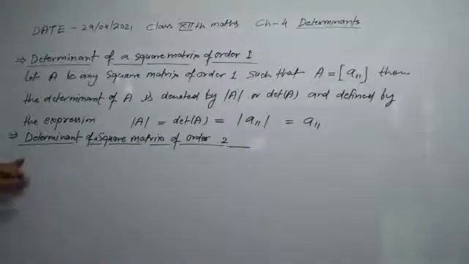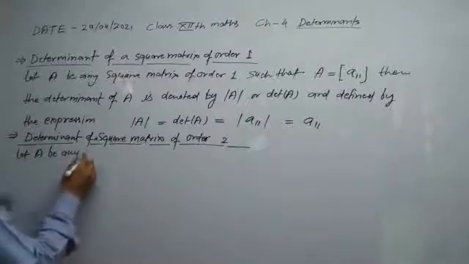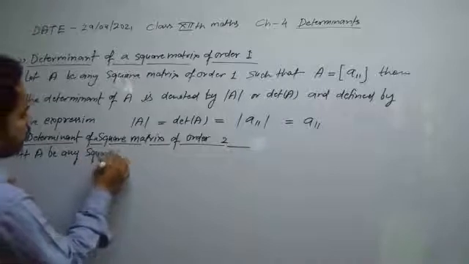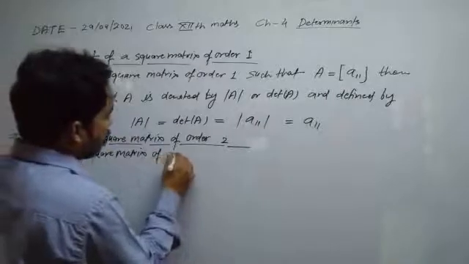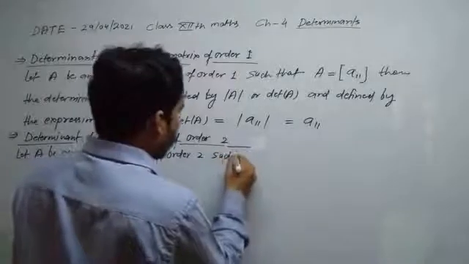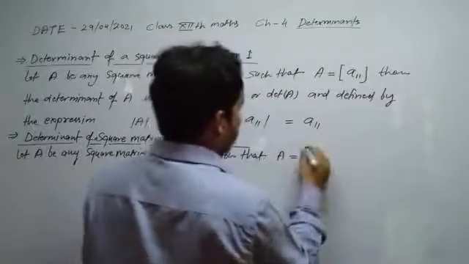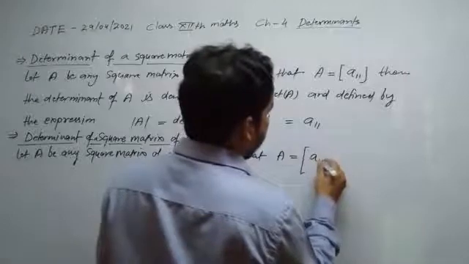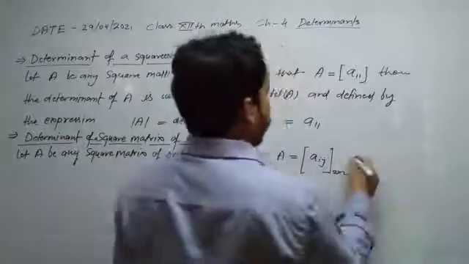Now see, students, to define the determinant of order 2 cross 2, let capital A be any square matrix of order 2 such that A is equal to Aij of order 2 cross 2.